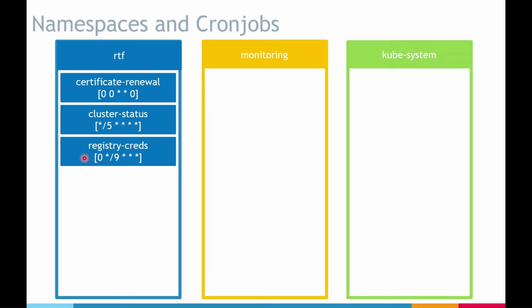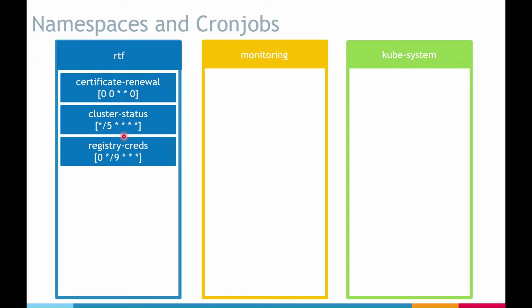We saw in the previous slide that registry credential is required. This pod gets the credentials that are required to log into the private Docker registry. For that, this cron job is responsible, and this gets triggered every ninth hour.